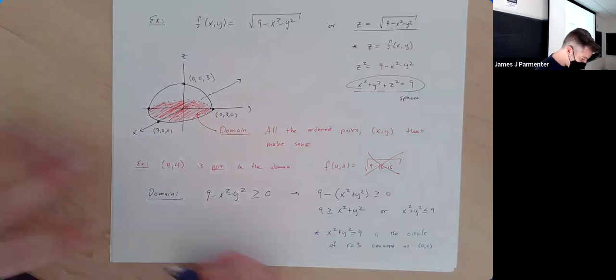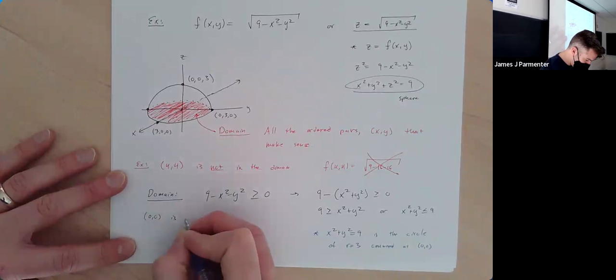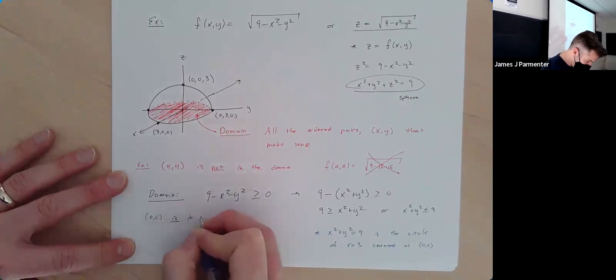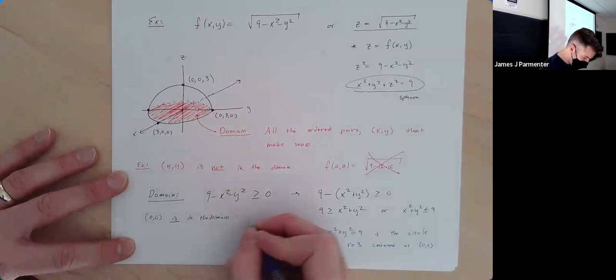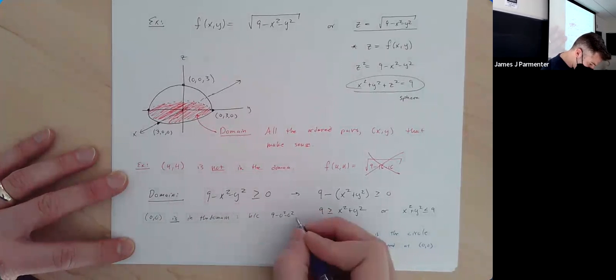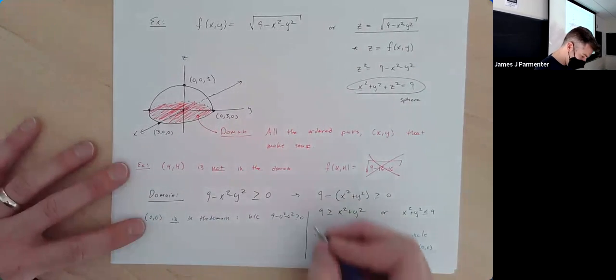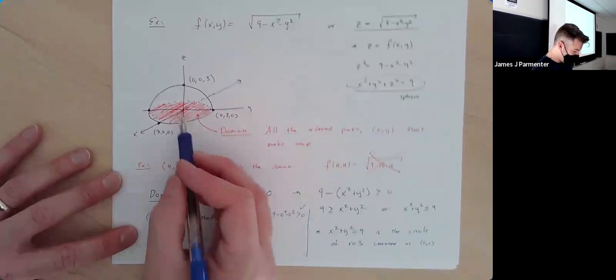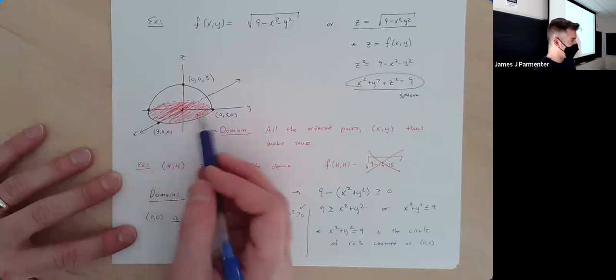So for example, the point 0, 0 is for sure in the domain because it satisfies the inequality. 9 minus 0 squared minus 0 squared is for sure bigger than or equal to 0. And since 0, 0 is in the center of the circle, everything else inside the circle is also in the domain.